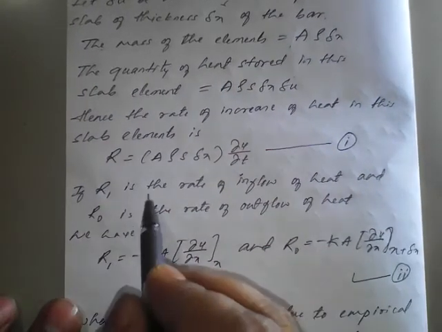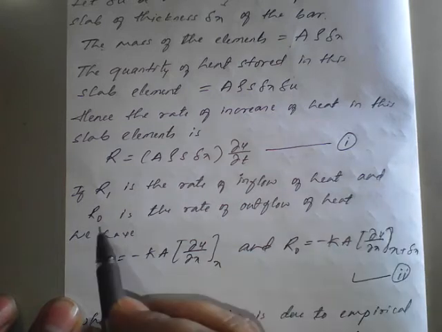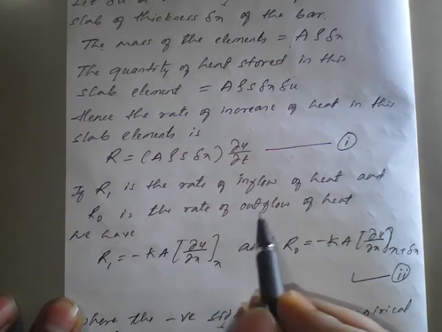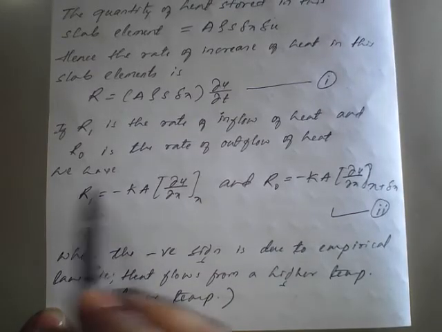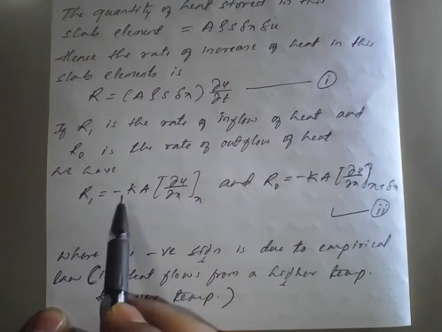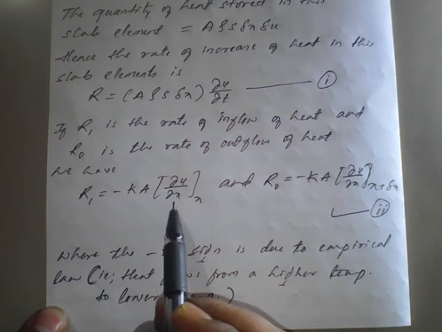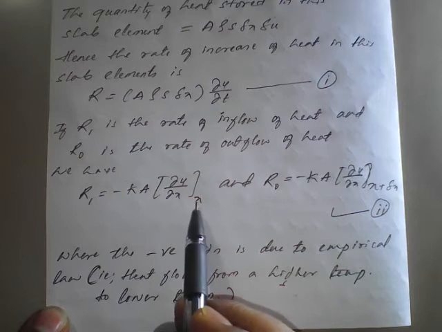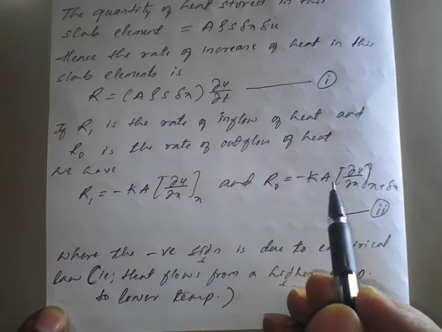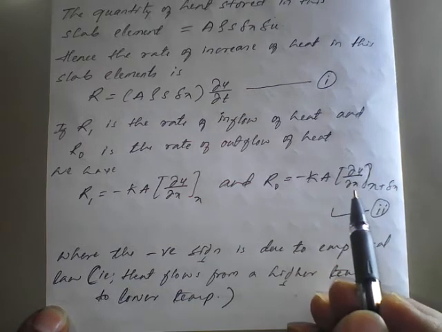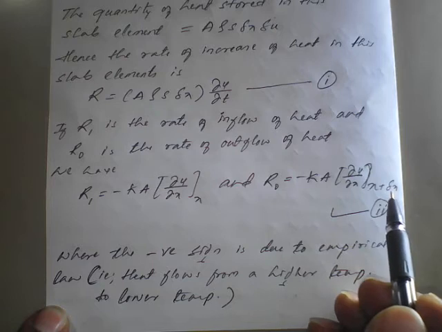Now if R1 is the rate of inflow of heat and R0 is the rate of outflow of heat, we have R1 equals minus K A dou U by dou x at distance x, and R0 equals minus K A dou U by dou x at x plus delta x.